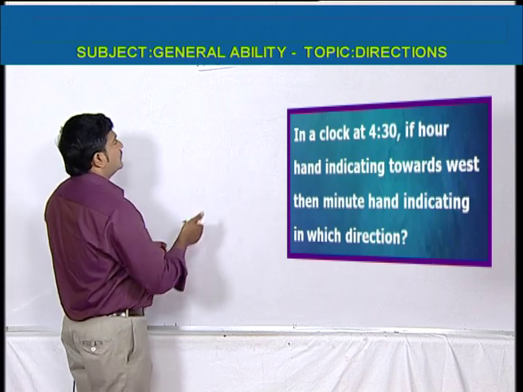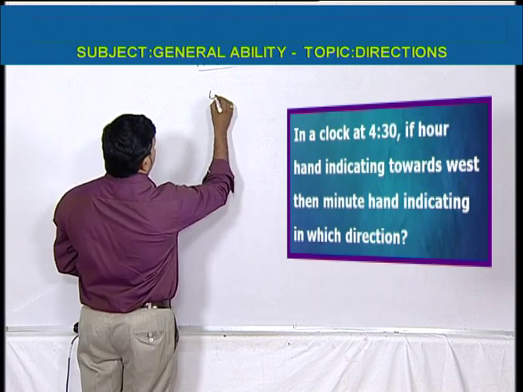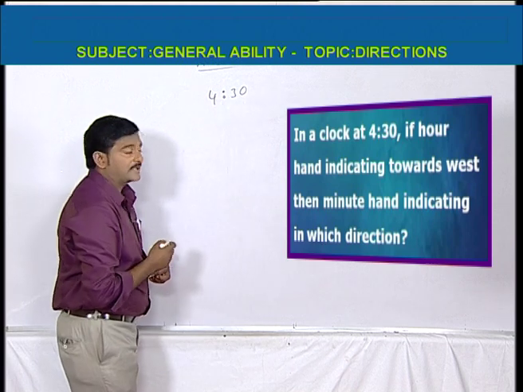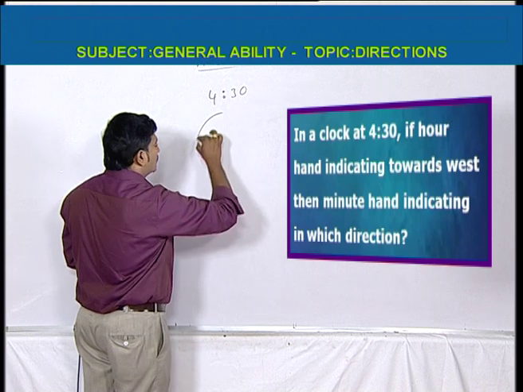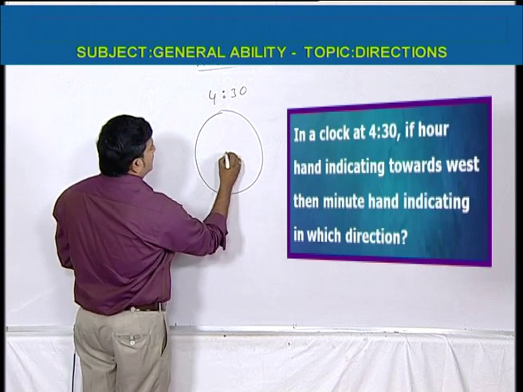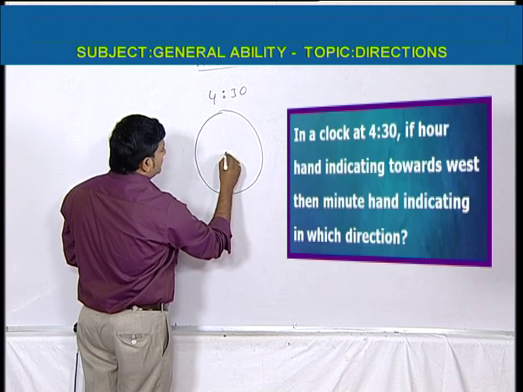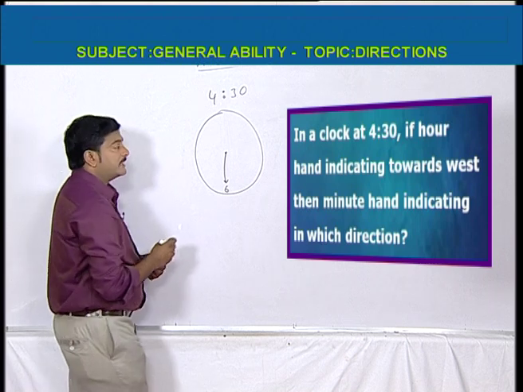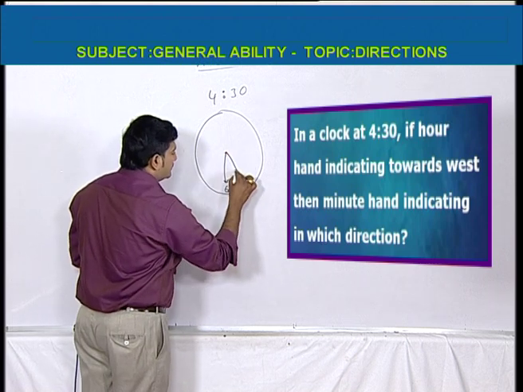It's a simple question. To solve this kind of question, first we have to find the actual directions at 4:30. At 4:30, the minute hand must be at 6, and the hour hand must be in this position.